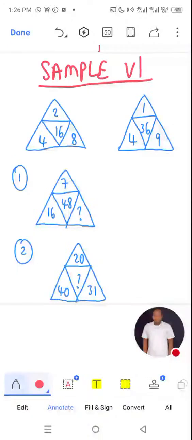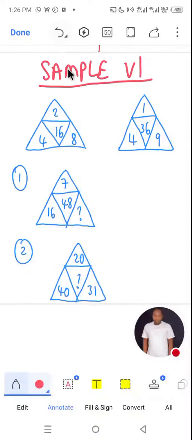So which means we are going to multiply the numbers at the bottom left and bottom right and divide by the number at the top middle to get the one at the middle. So for number one, 16 times this number divided by 7 will give us what? 48.